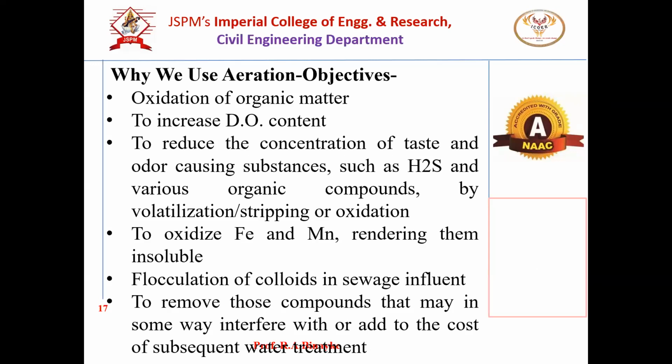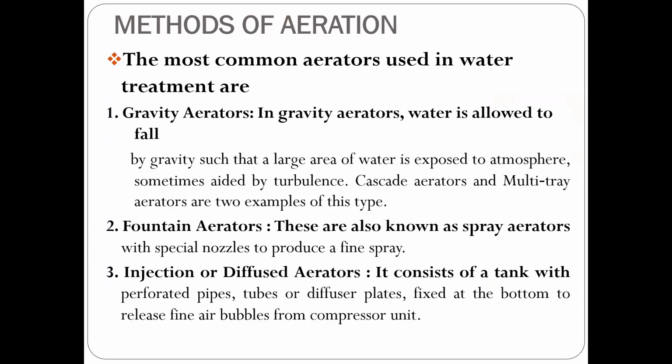The water-to-air method is designed to produce small drops of water that fall through air. We'll discuss this in detail in the next slide on types of aerators. The air-to-water method creates small bubbles of air that are injected into the water stream. I will tell you how these processes take place.